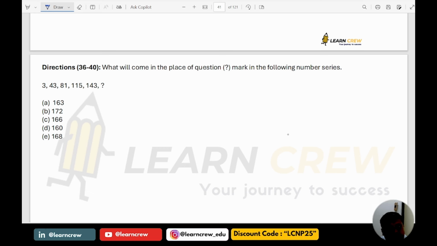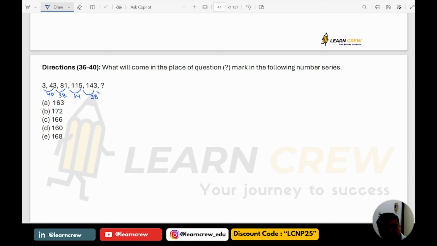343, 81, 115 and 143. If you observe here, 343, the difference is 40. 343, 81, difference is 38. 81, 115, difference is 34. 115 and 143, the difference is 28.